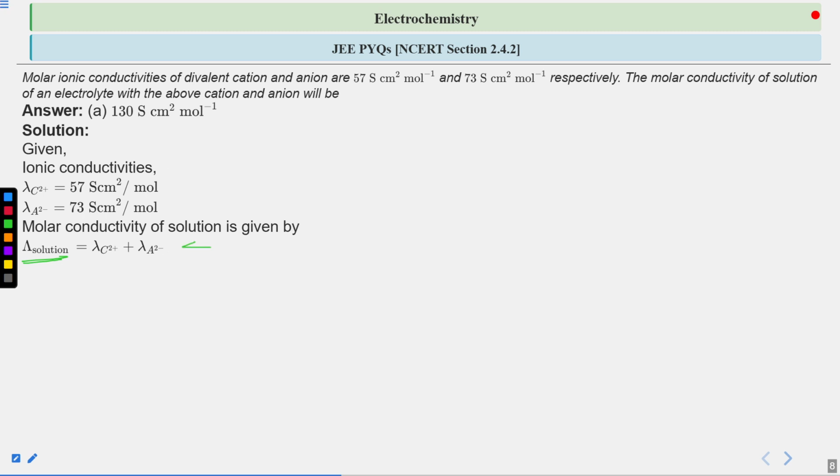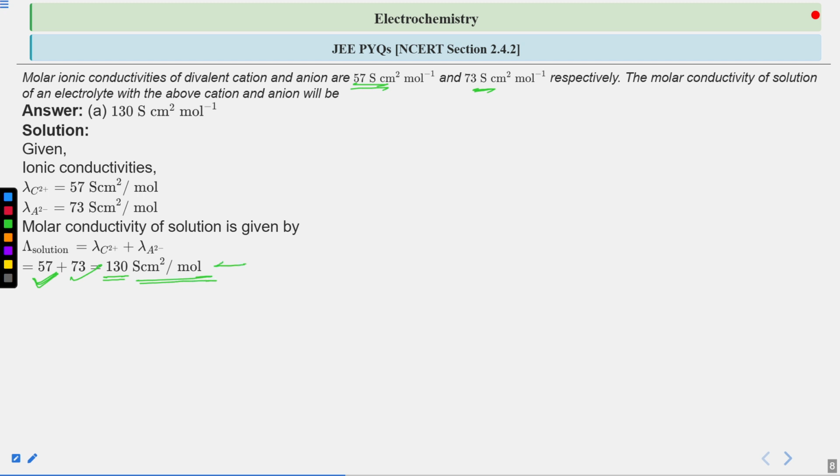This was the equation for that. We have already been given the lambda value for the cation and the anion, so we just have to add them both. So 57 plus 73 will give you 130 Siemens centimeter square per mole, right?